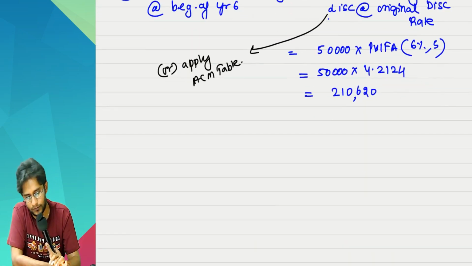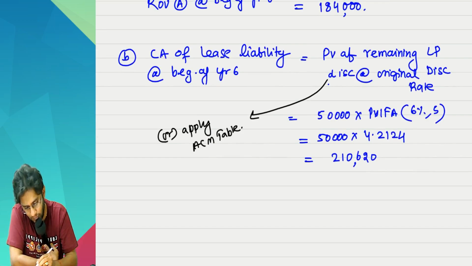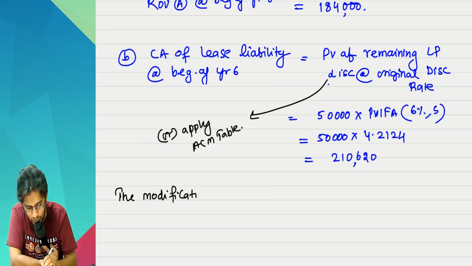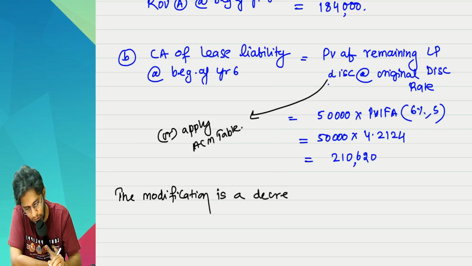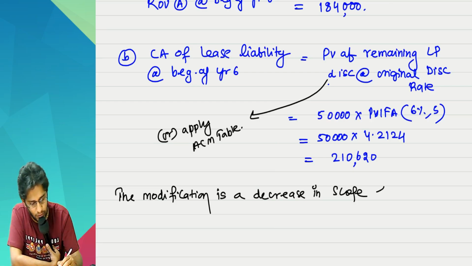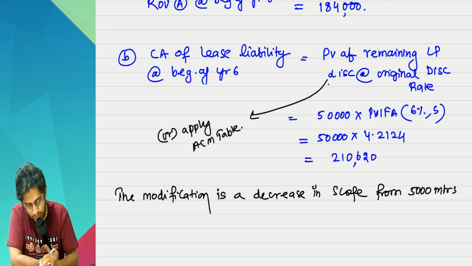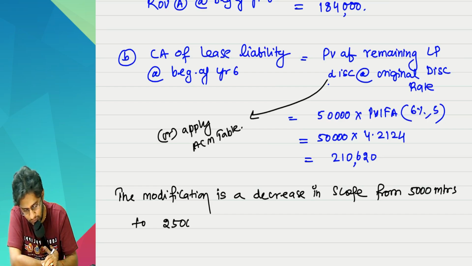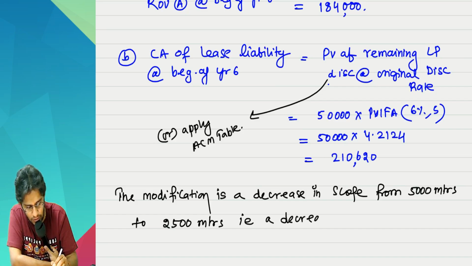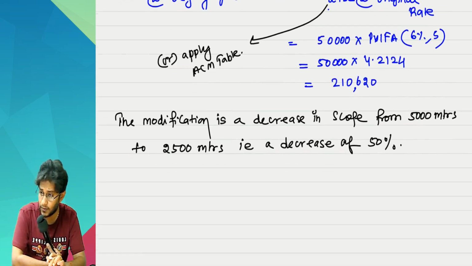Now the modification is a decrease in the scope from 5,000 meters to 2,500 meters. That is a decrease of 50%.